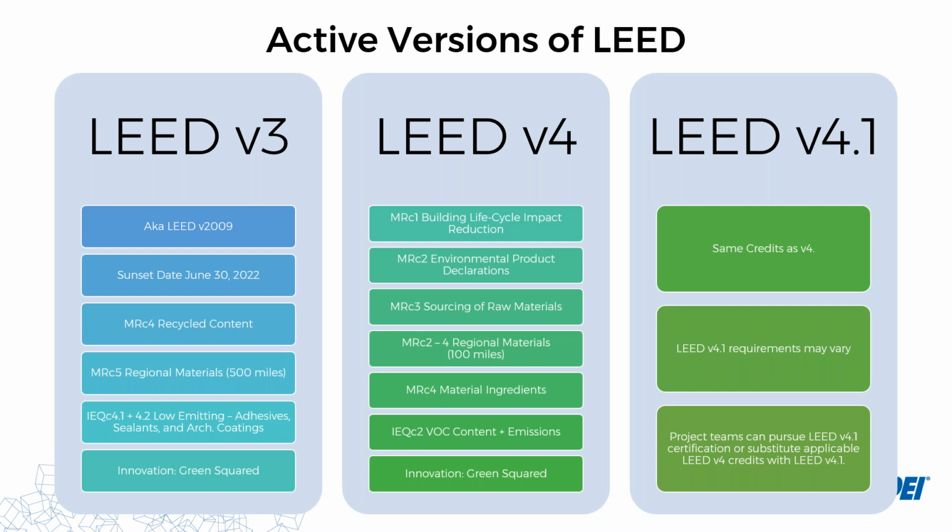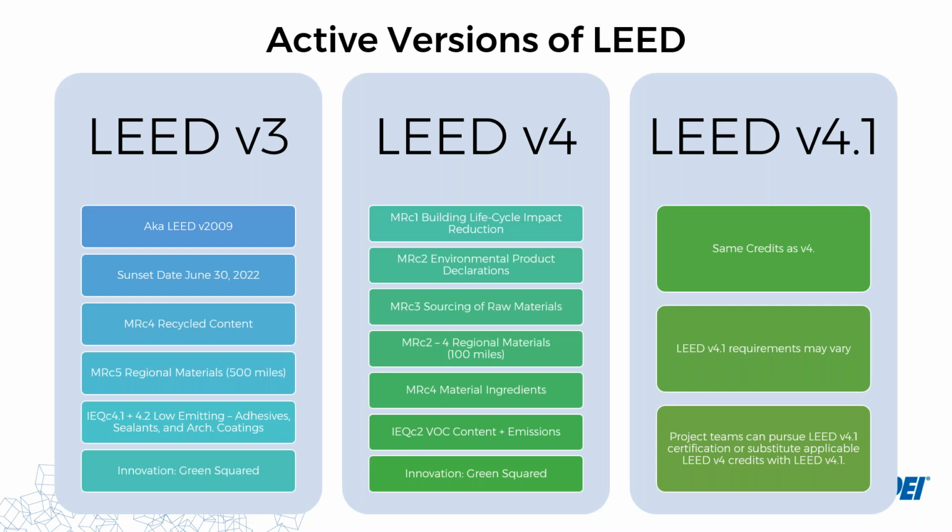They now focus on using building products or materials with environmental product declarations, material ingredient reports, and more stringent VOC emission requirements. So for today's presentation, we will focus mainly on version 4.1, or V 4.1, as I will probably say throughout this webinar.